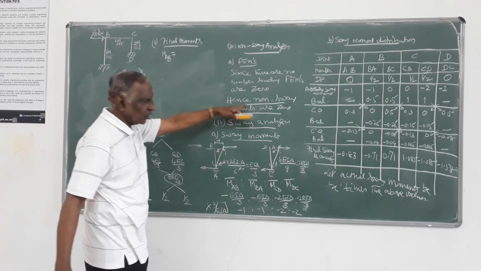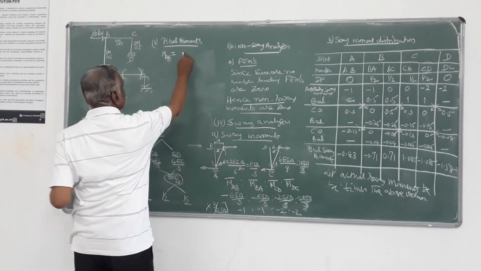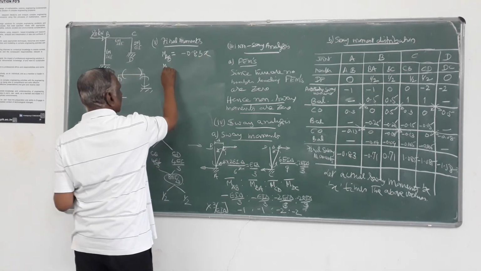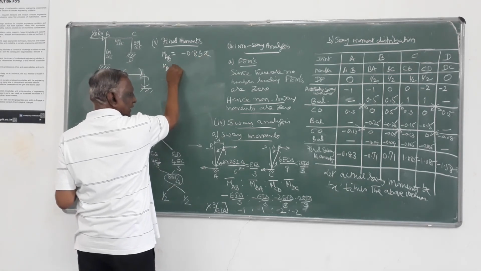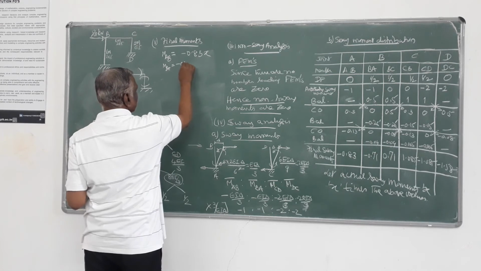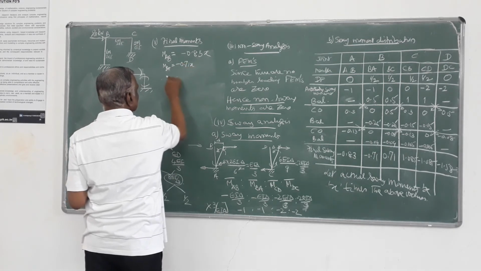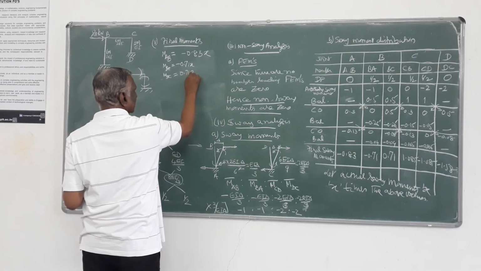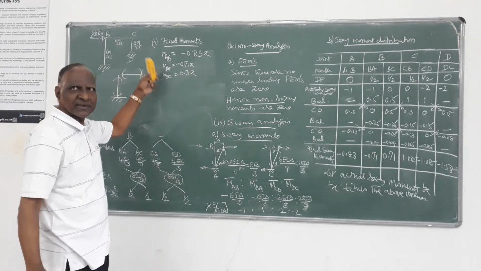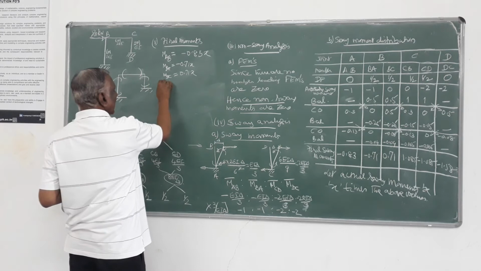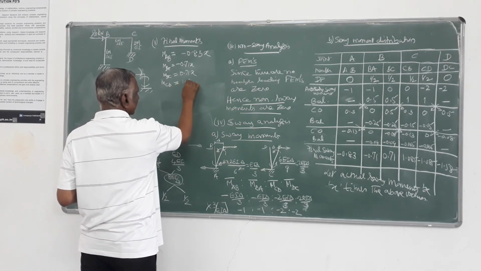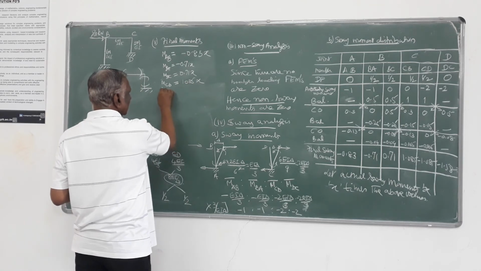Non-sway moment is 0. Sway moment is minus 0.83x. Then MBA will be minus 0.71x. MBC plus 0.71x. Automatically MBA plus MBC is 0, and MCD is 1.085x.